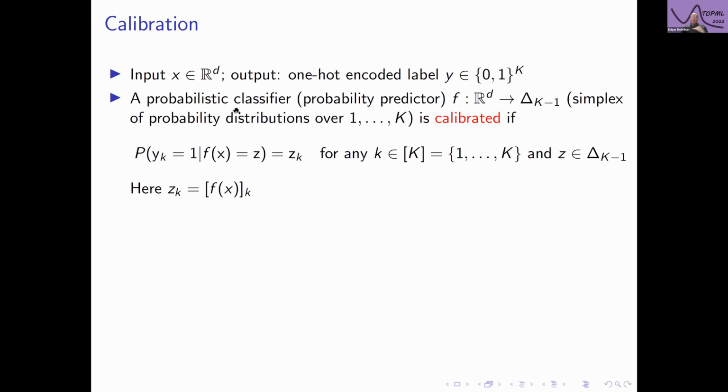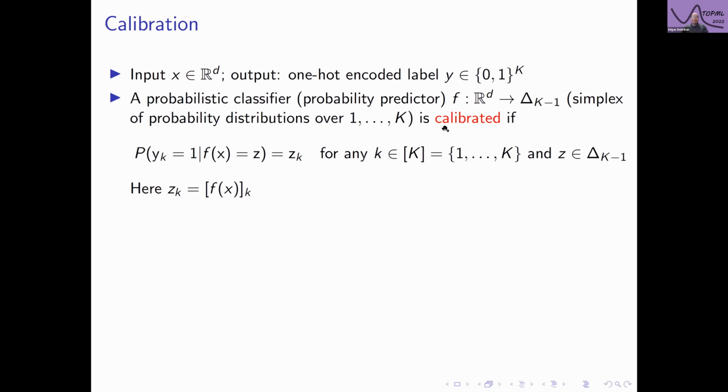And so we will consider probabilistic classifiers, also known as probability predictors, that map the inputs into probability distributions over the K classes. So they don't just give you an output, but they give you an entire probability distribution over the classes. I will use Delta^{K-1} to denote the simplex of probability distributions over the classes 1 to K.